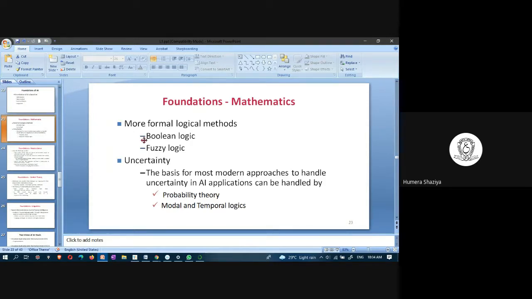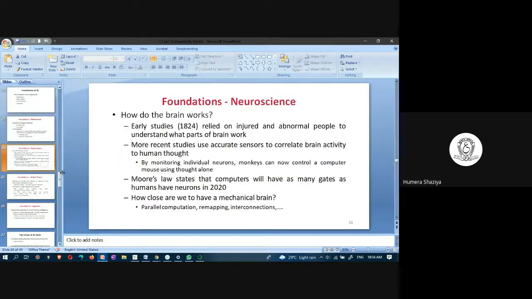From mathematics, Boolean logic, fuzzy logic, probability, statistics, and temporal logic are all taken. From neuroscience, how the brain works, how we humans understand things, and how we respond, plan, and reason. Although no one knows yet how humans represent images or characters or patterns, and how we plan and think.